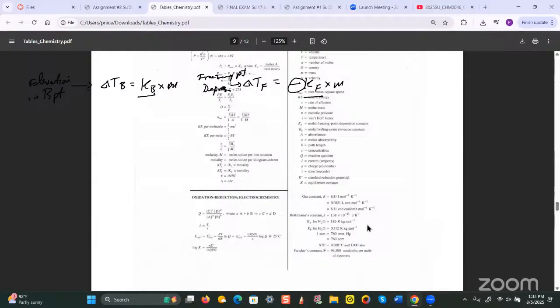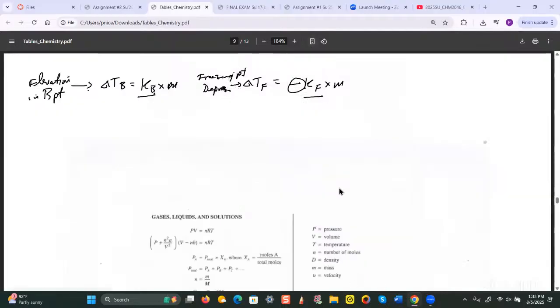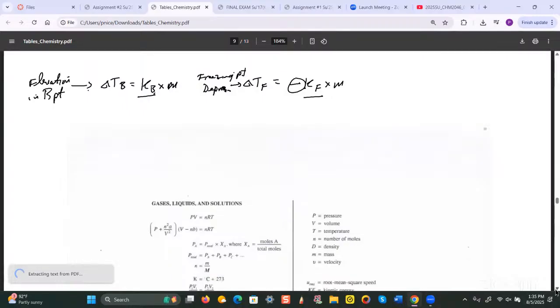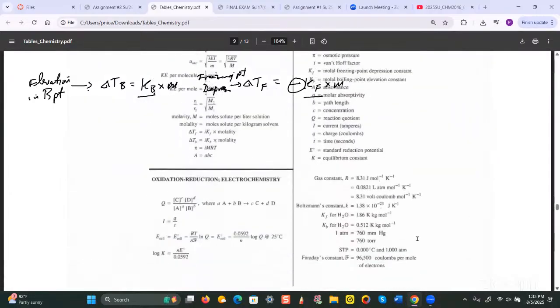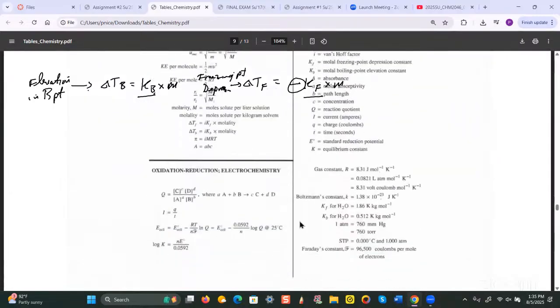Okay, here they are. So this is KF for water, and this is KB for water, right? So those two values you're gonna need. In fact, let me write them down.